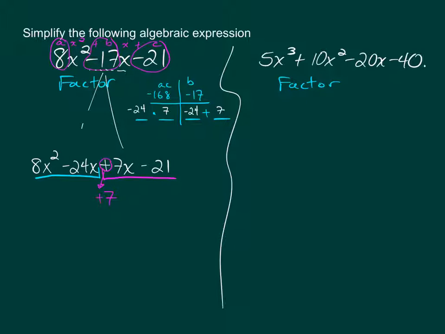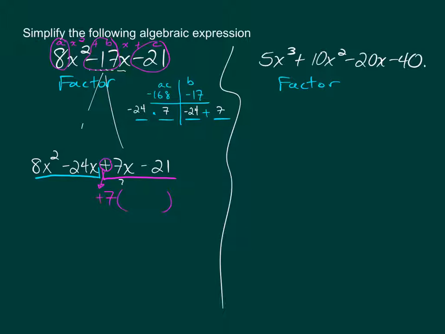So positive 7. And since we're factoring, we have to figure out what will go left in this set of parentheses. One thing to keep in mind is that since this group has 2 terms, after we common factor, what's left over inside this set of parentheses will still have 2 terms. The number of terms will match.